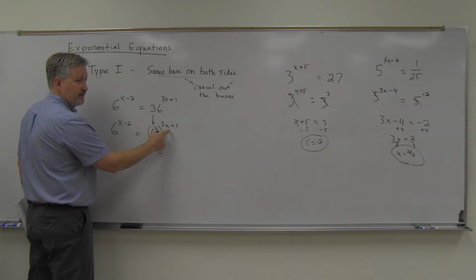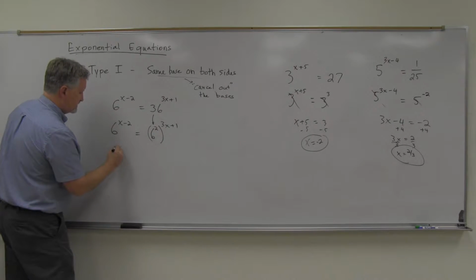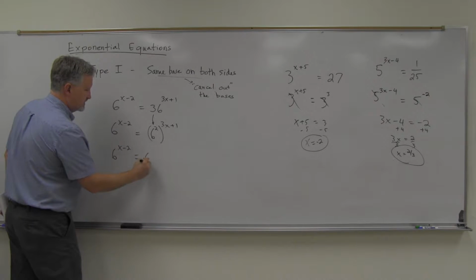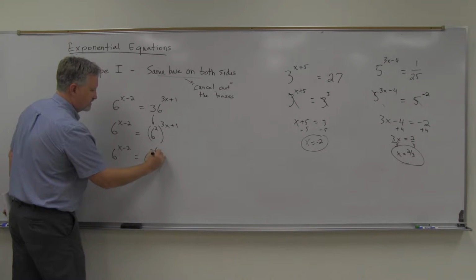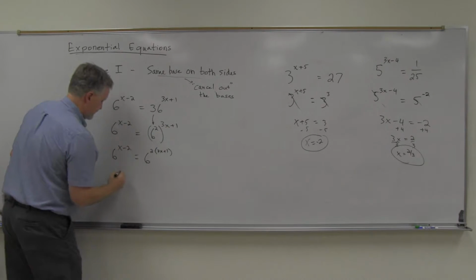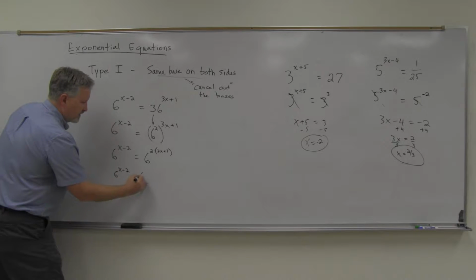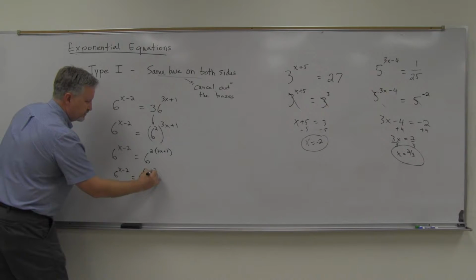What do I have to do here with these exponents? Power to a power. You multiply. So this will be 6 to the x minus 2 equals 6 to the 2 times 3x plus 1. I've got to multiply these two powers together.